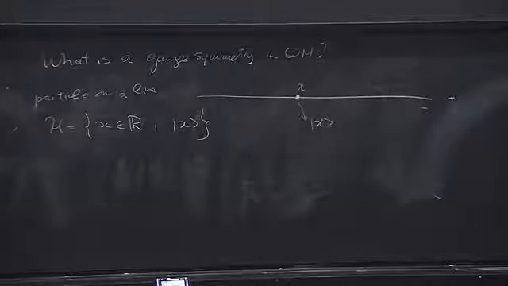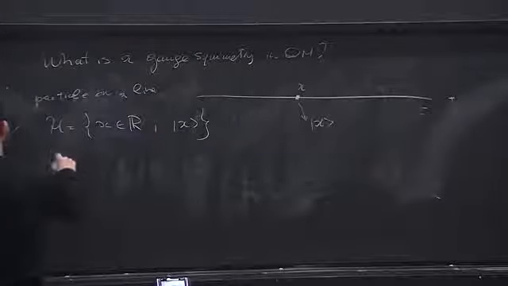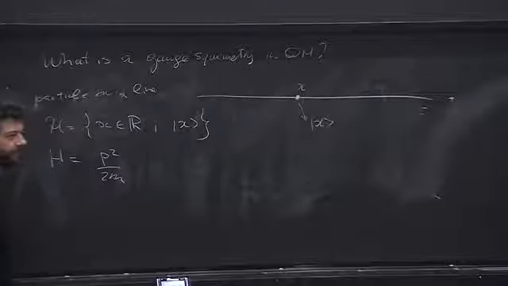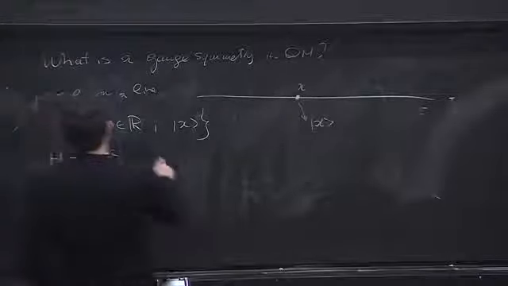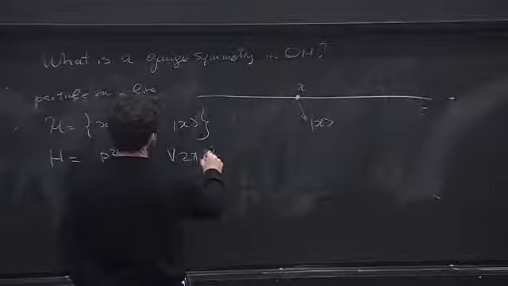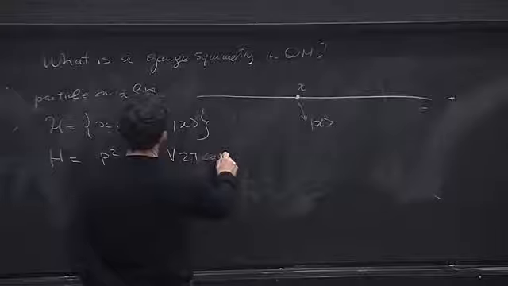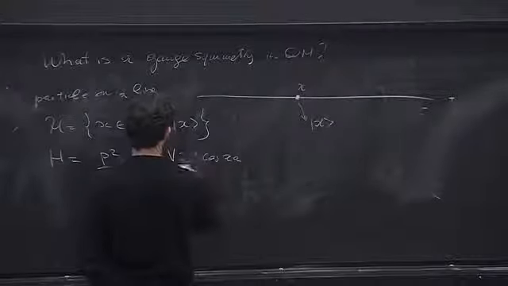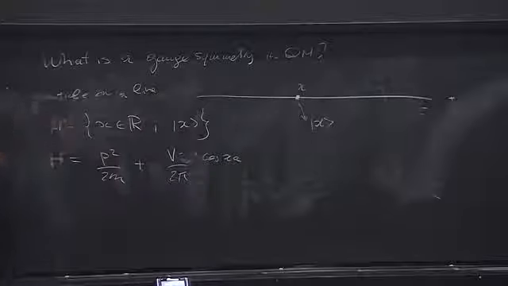Now we put a Hamiltonian on this Hilbert space: my kinetic energy plus something like this.